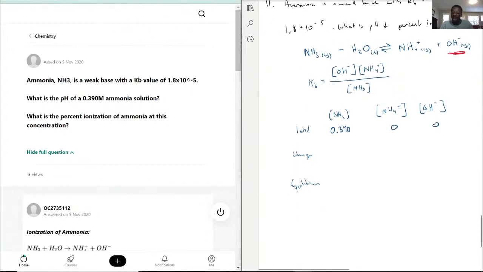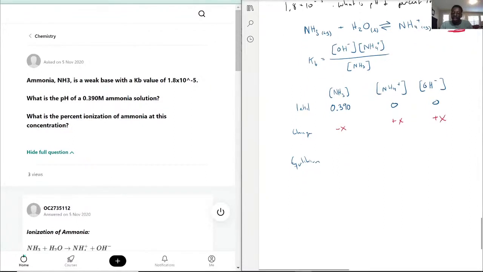So now for the change, for every mole of ammonia used up, it's going to produce 1 mole of the ammonium ions and the hydroxide ions. So that's why you just say minus x, plus x, plus x.